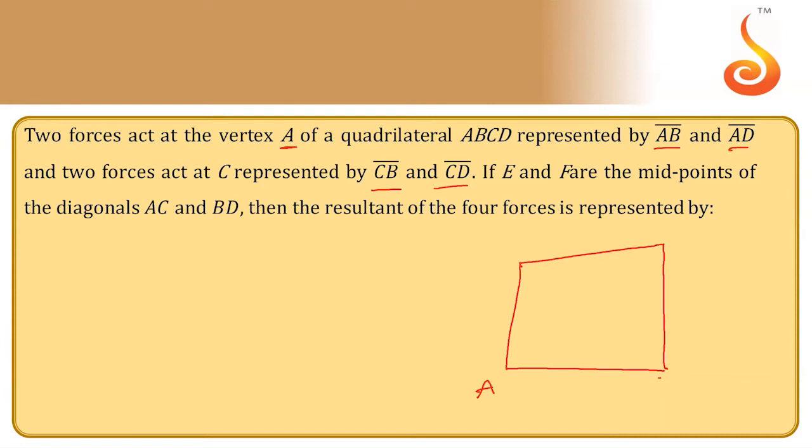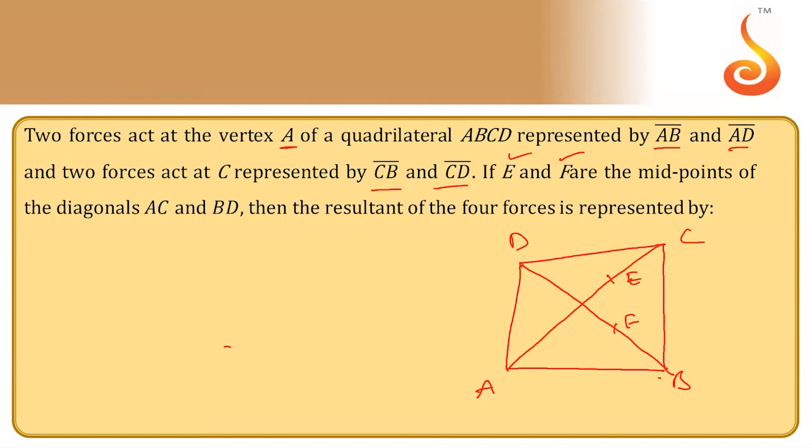This is D, this is C. Now join this one, join this one. They have given that E and F are the midpoints of AC and BD. E is here, F is here. Okay, that's the data which is given.